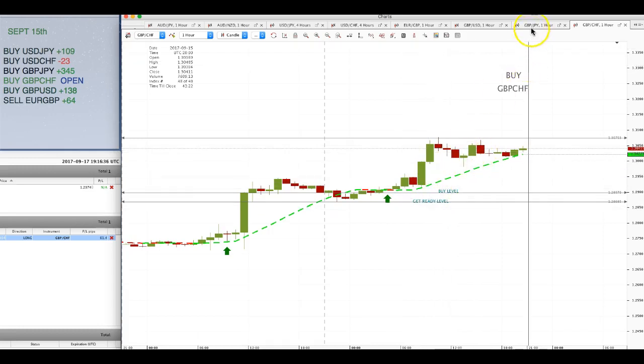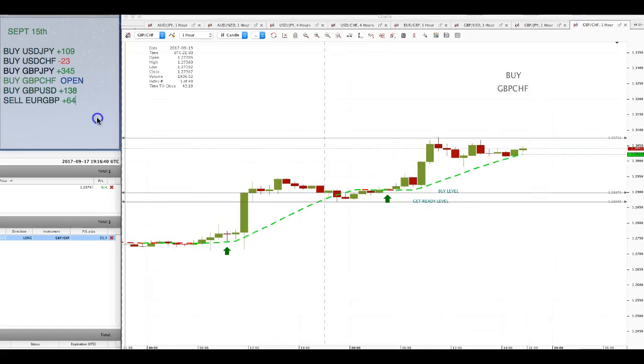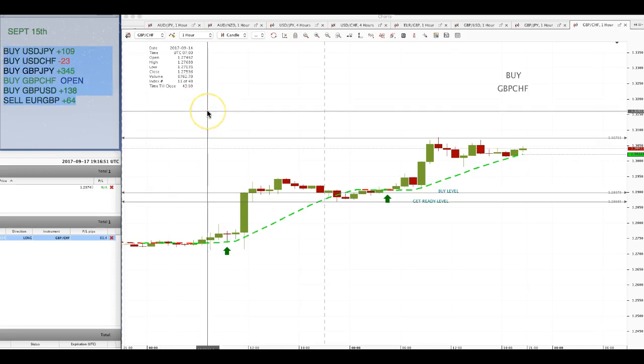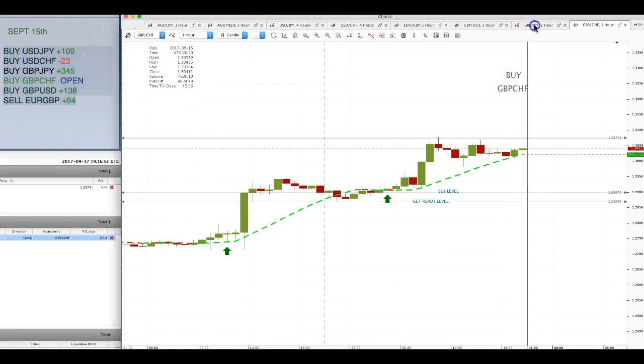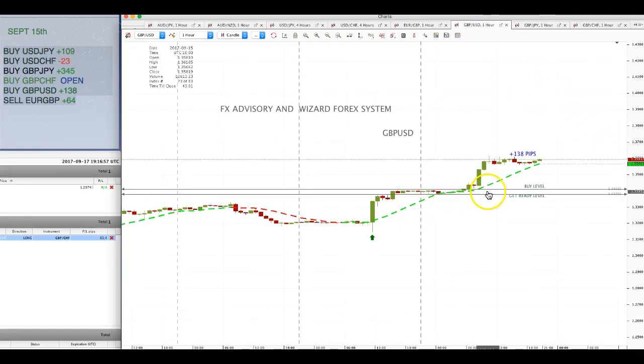Okay, so that is it for the tutorial. We had several pairs, and notice the only one, of course, that didn't work out was USD Swiss, but we had several great trades on Friday. And again, using the advisory indicator, the wizard confirms what I'm seeing in the chart.